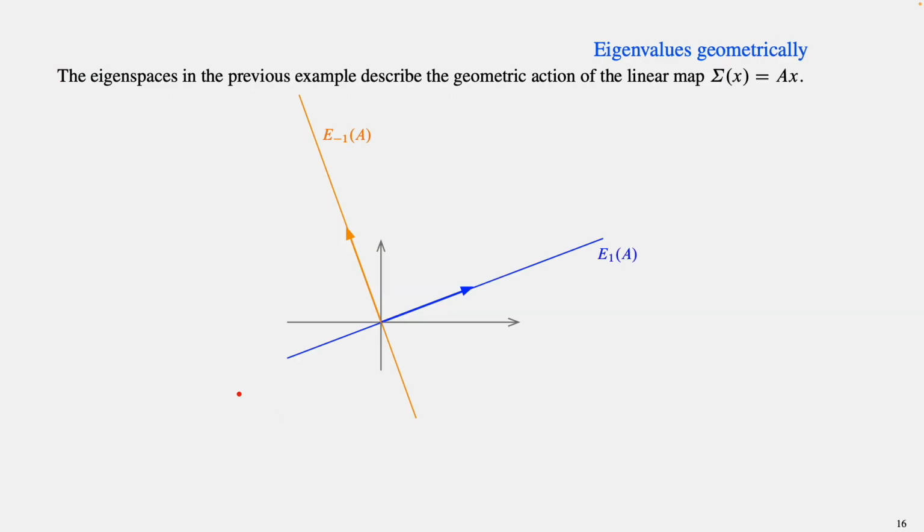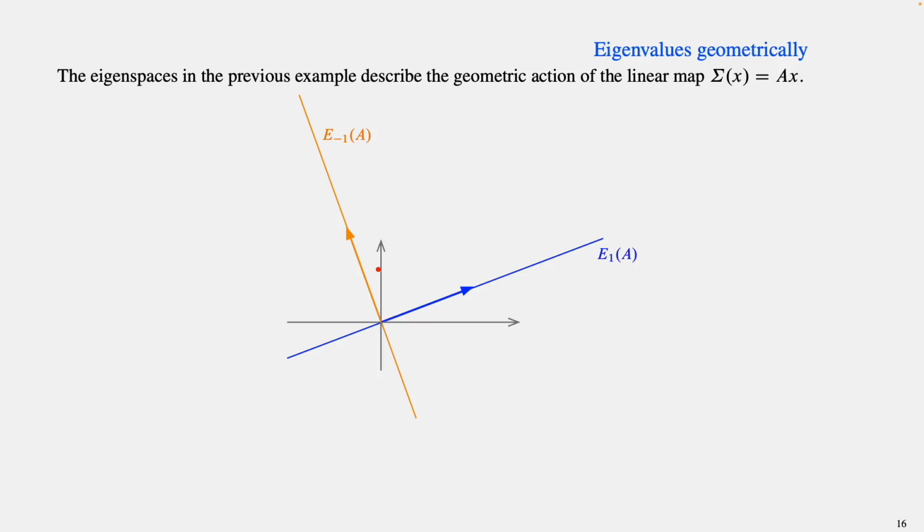And again, this could be written shortly as the tangent of alpha. The example from the previous exercise can be visualized in a nice way. So suppose we have the linear map sigma of x equal A of x, where A is our reflection matrix. And these are the two eigenspaces. So the blue one should be the eigenspace for eigenvalue +1, and the orange one should be the eigenspace for eigenvalue -1.